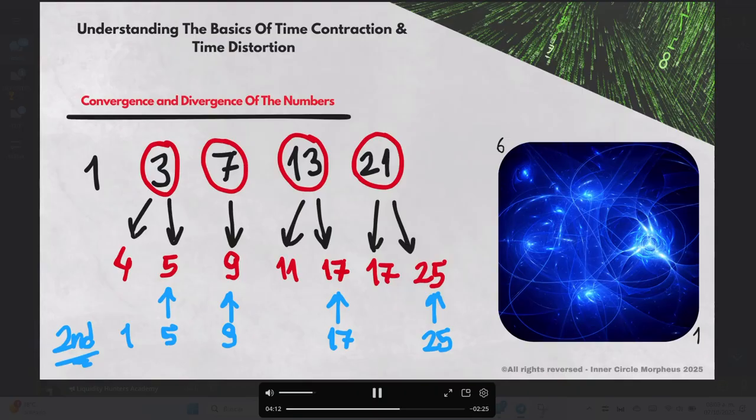As it's written in blue color, we get the second sequence extracted from the initial one, which is 1, 5, 9, 17, 25. Do you know what happens when 13 is delayed to 17 and 21 is hastened to 17 at the same time? I want you to think, Neo. And we have the most perfect sequence in the universe, which is 1, 3, 6, 9, 15, 24.